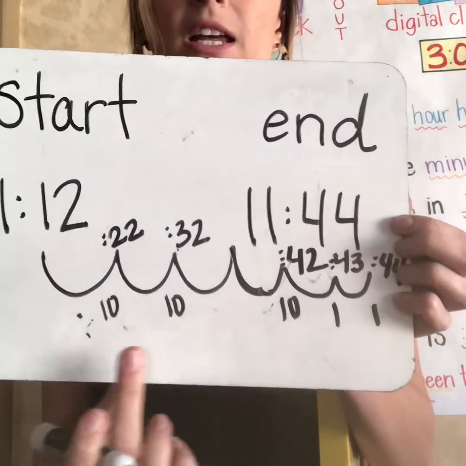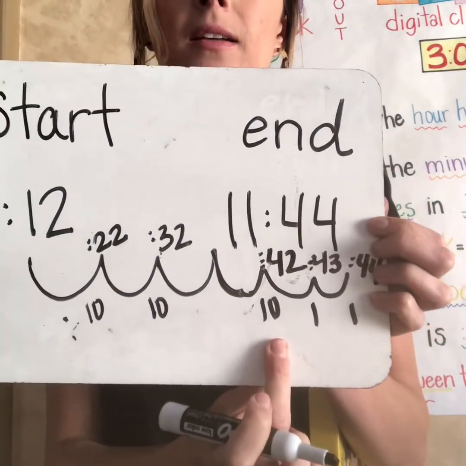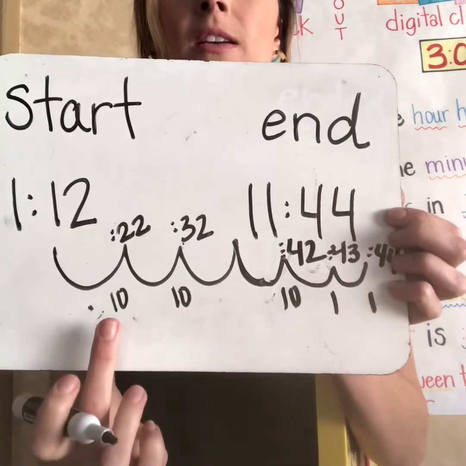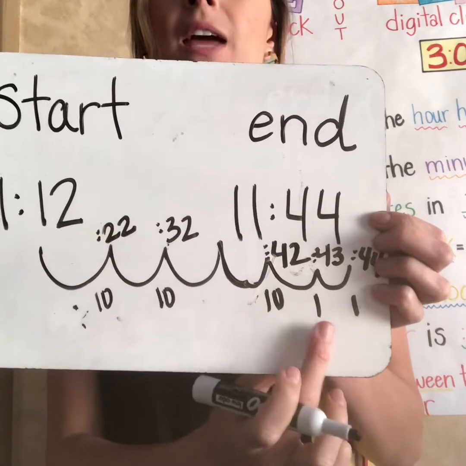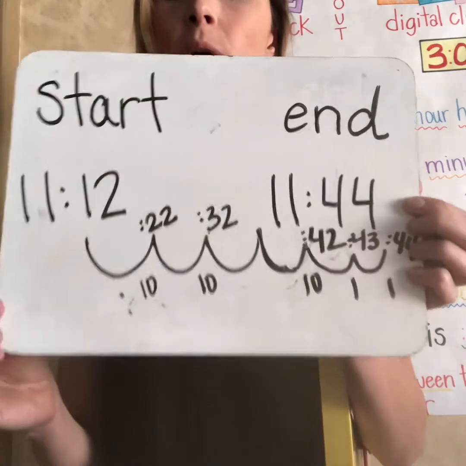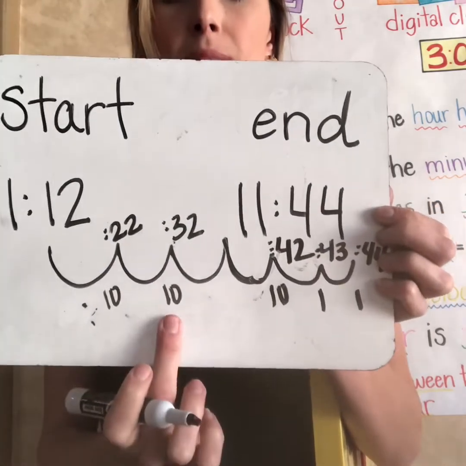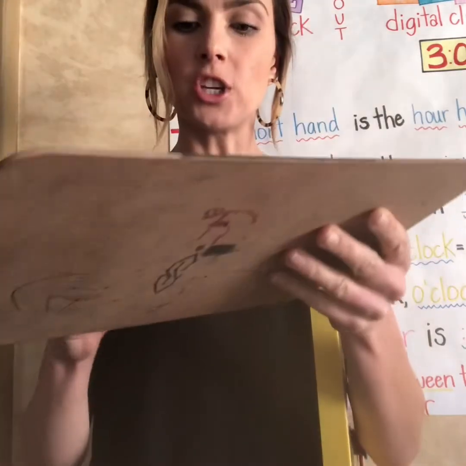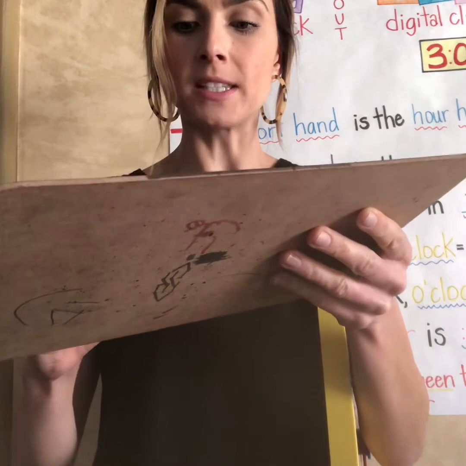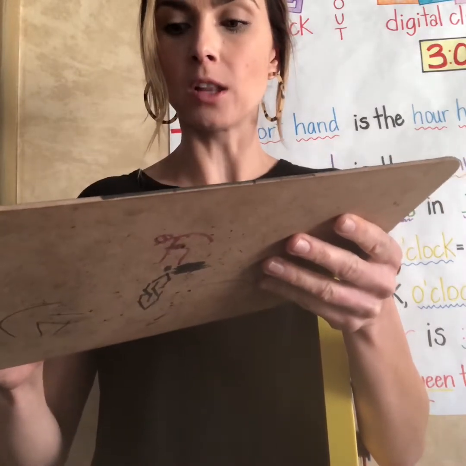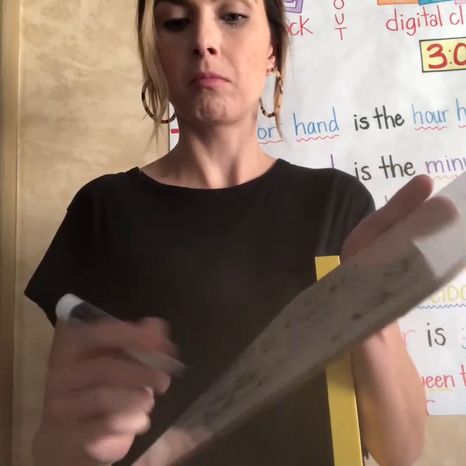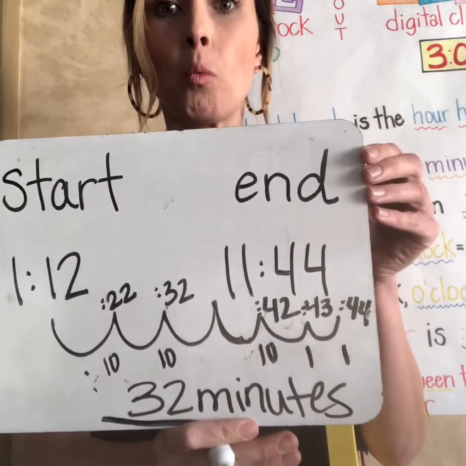So I did 3 hill jumps, 10 minutes each, and then 2 rock jumps, 1 minute each. 10 plus 10 plus 10 is 30, plus 2 more is 32. Their recess is 32 minutes long. Wow. Let me show you that on a clock.